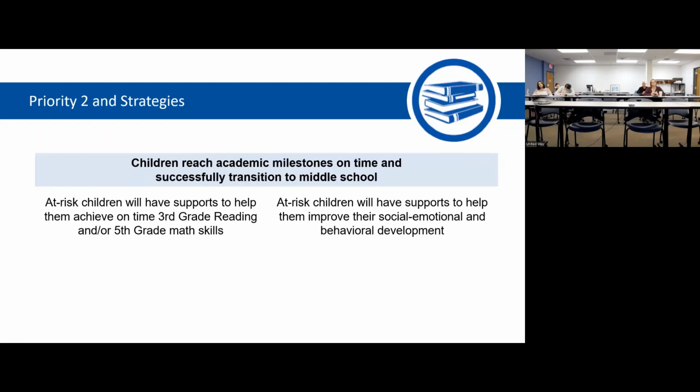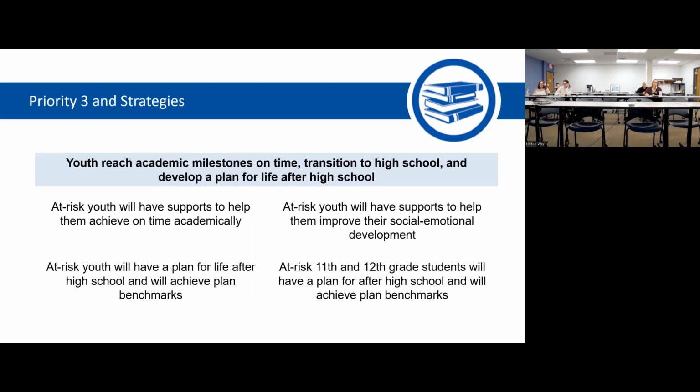Once you get to that K through 5 age range, we focus on, like I mentioned before, third grade reading and fifth grade math, and then also social emotional learning, just making sure that they are becoming well-rounded people as well as academic powerhouses. And then lastly, once we get to high school, we've got academic achievement, SEL again, and also making sure that they have a plan for life after high school and that they have support to help achieve that plan after high school.